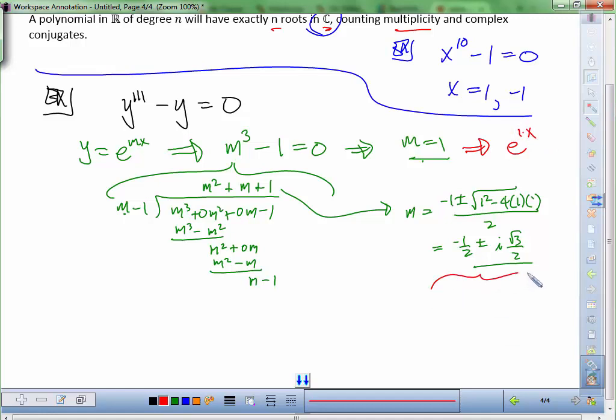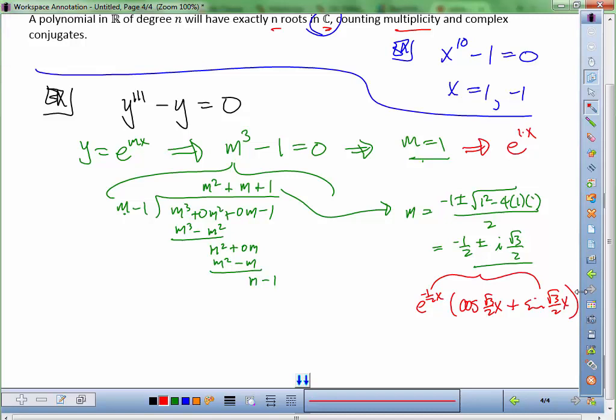And from here, you're going to get 2 solutions, e to the negative 1/2 x times cosine root 3 over 2 x plus sine root 3 over 2 x. And again, since we're going to make this into a linear combination of fundamental solutions, we can just ignore the constants, including the imaginary number.